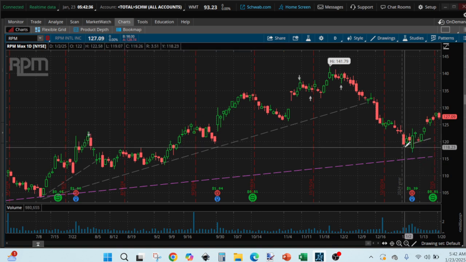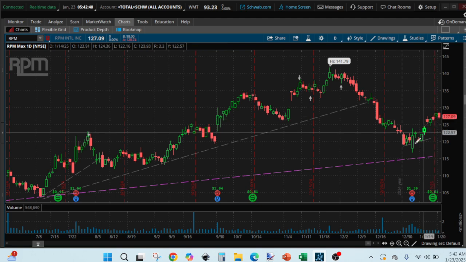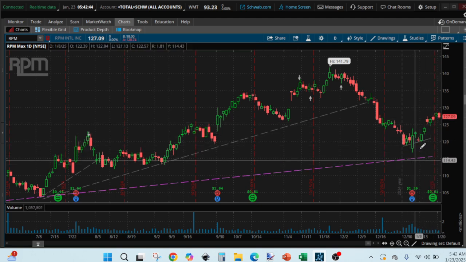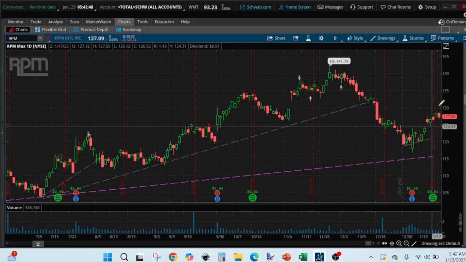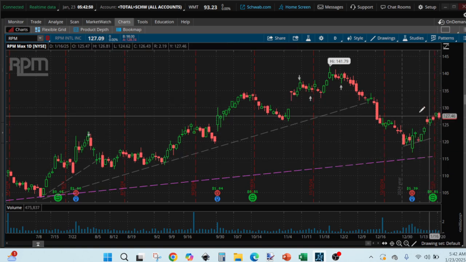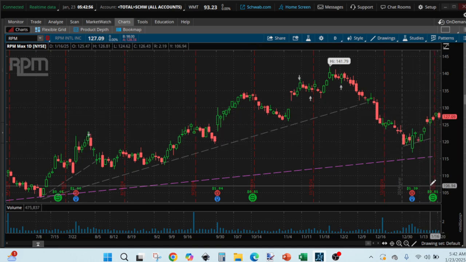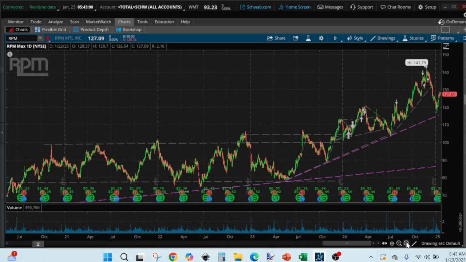There are higher lows here, and this is a valley here, and it's getting ready to go up. Therefore, there is a buying point there. But again, we just don't know what it will decide to do.